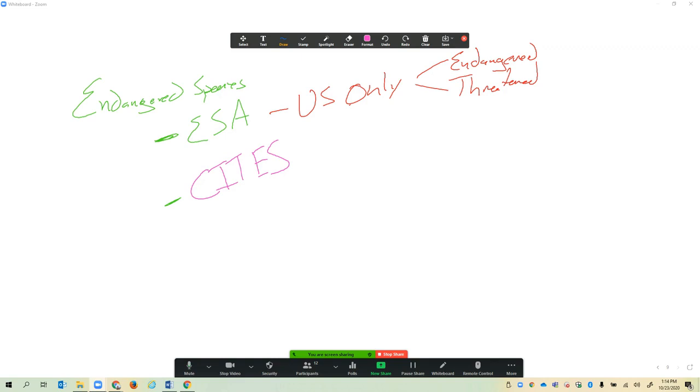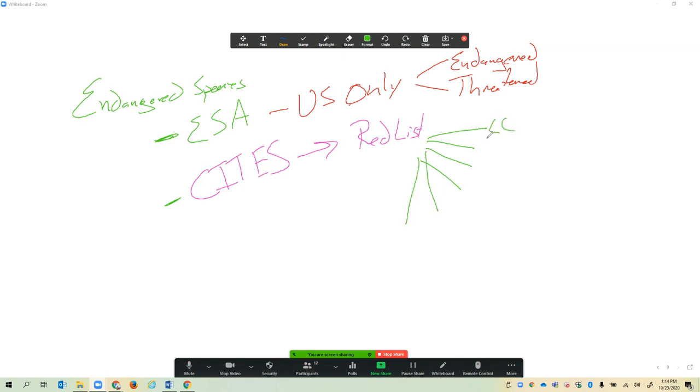It's called CITES. CITES is the Convention on International Trade in Endangered Species, and it's run by the IUCN, and what they do is they produce something called the Red List. The Red List is designed to identify species and the levels of endangerment. Now, the Red List is far more specific, or has far more criteria.